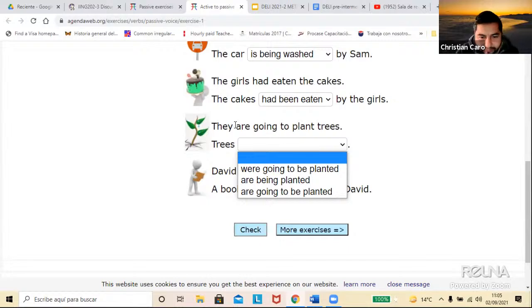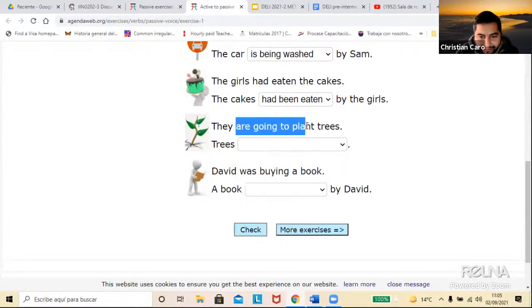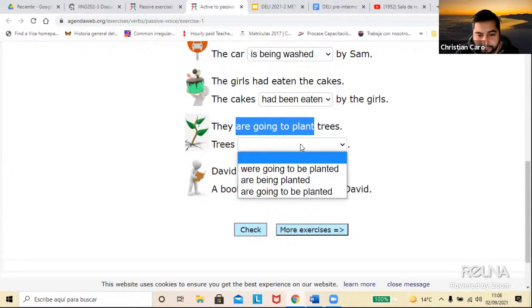Aquí, fijémonos en el active, dice are going to plant, right? This is pretty much future, pero no es un future simple. ¿Ya? Es un future be going to, que se le llama, es como una categoría por sí mismo. Future with be going to. All right?